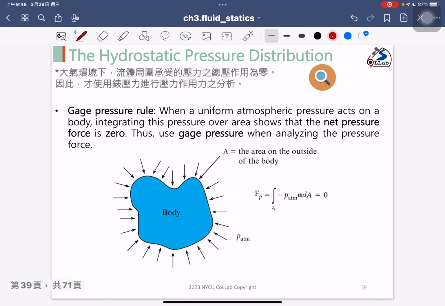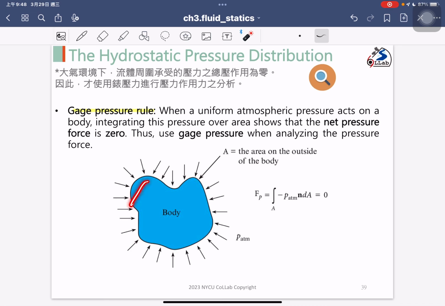Another rule I would like to emphasize here, based on this idea, I write down the sentence here, we call it the gauge pressure rule. The condition is when a uniform atmospheric pressure acts on a body, you can integrate this pressure over all the area, and finally the net pressure force is equal to 0.